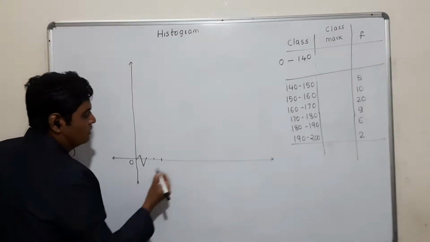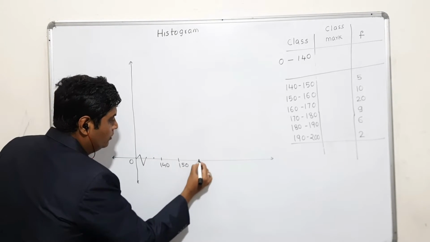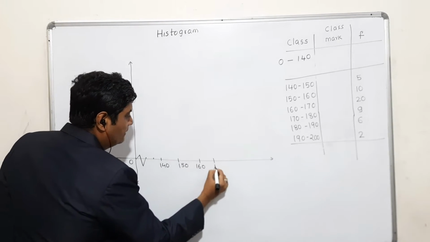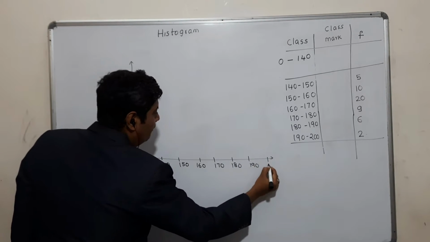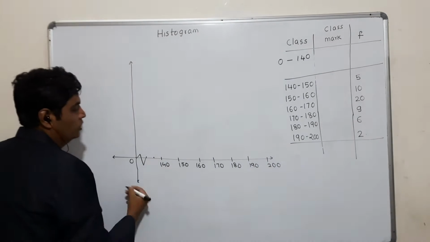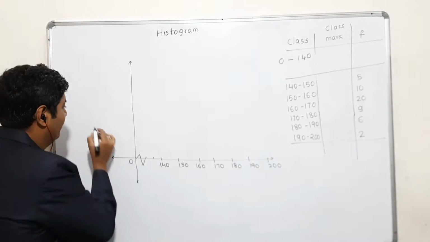Maybe you can leave some space. You have 140, then you have 150, 160, 170, 180, 190 and 200. So this is your x-axis, which pertains to your classes. On the y-axis you will have your frequency.